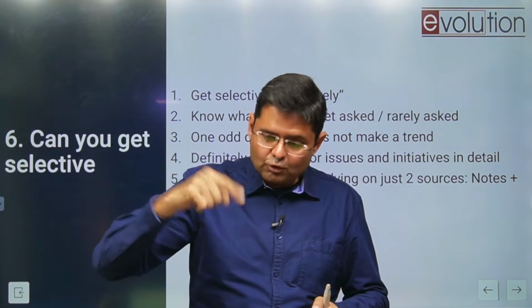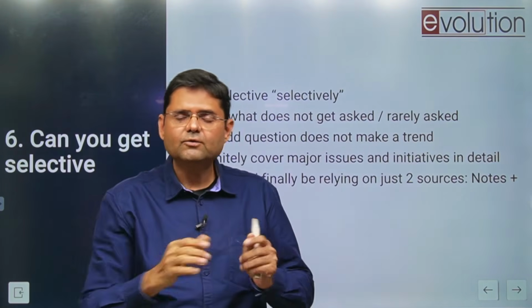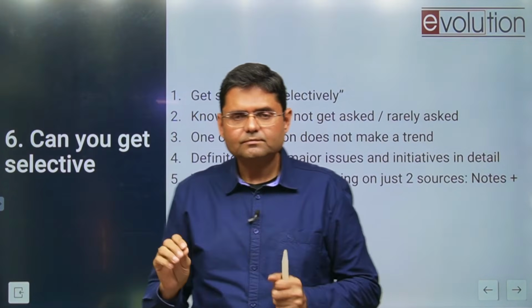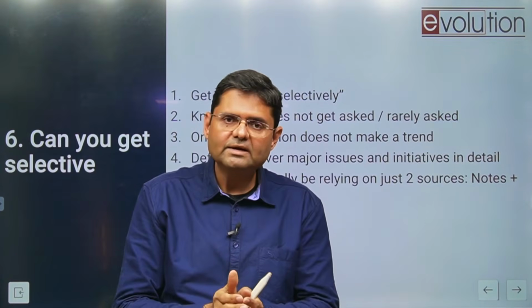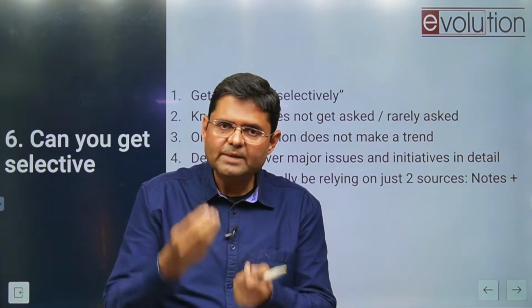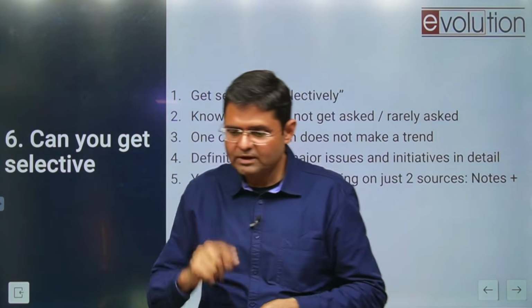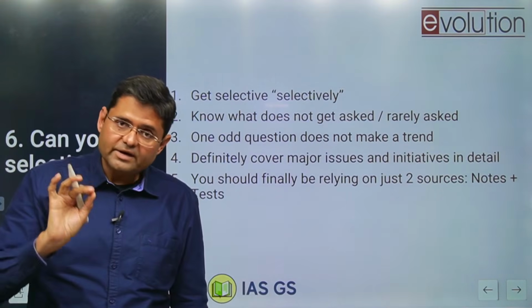You think, okay, I could not solve it because it was asked from deep inside, let's say, AI or blockchain, and then you start reading a lot. Little do you realize that this deep question is not a pattern, it is an aberration. So my third point is, one odd question does not make a trend.